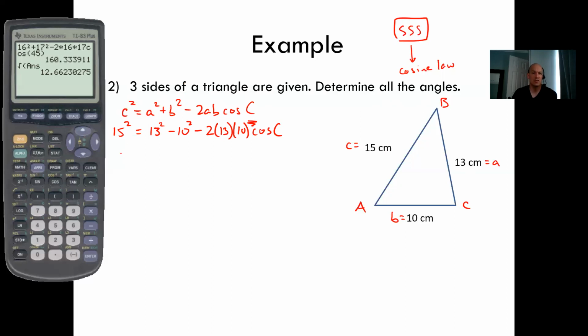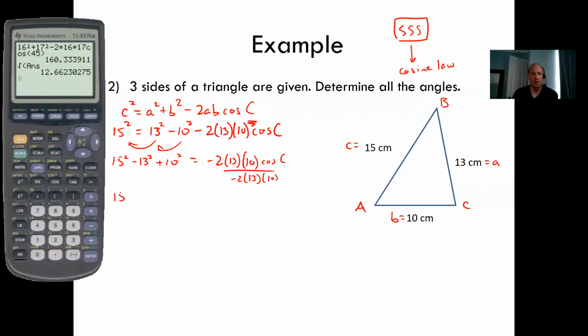So the way we do this is we're going to take these guys, we're going to move them over to the other side. So this is going to look like 15 squared minus 13 squared plus 10 squared equals negative 2, 13, 10 cosine of C. And then we're going to divide both sides by negative 2, 13, 10.